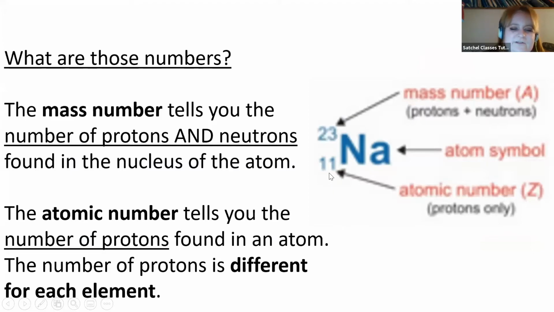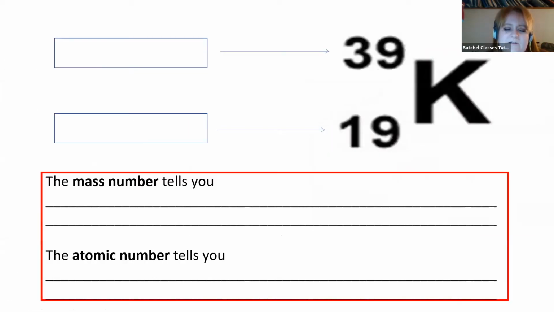If an atom does not have 11 protons, it is not sodium, it is something else. If it has 12, it's actually magnesium. So the protons are important to know what element it is. That's how you find it on a periodic table. Each element has a unique number of protons. Carbon 6, hydrogen just 1.